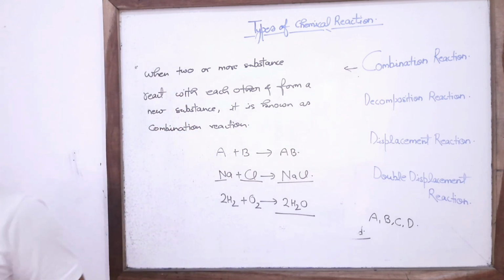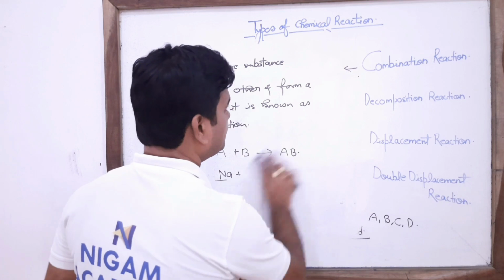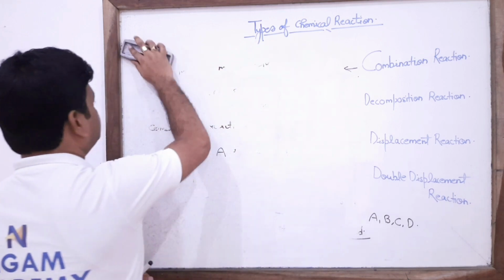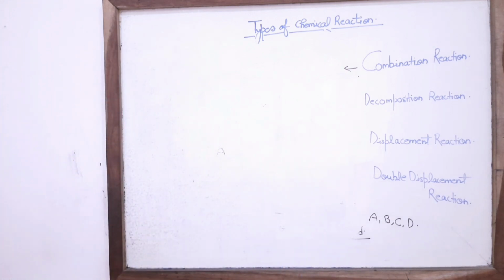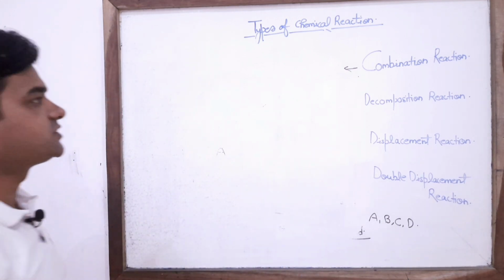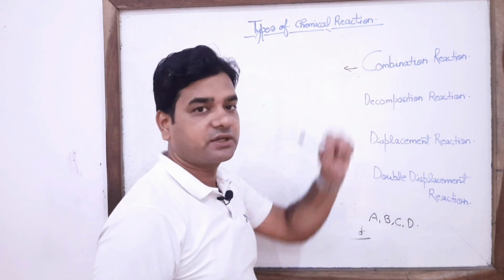Now let us study about decomposition reaction. Now decomposition reaction is completely opposite of combination reaction. What was happening in combination reaction? In case of combination reaction, when two elements react with each other and form a new compound, it is a combination reaction.